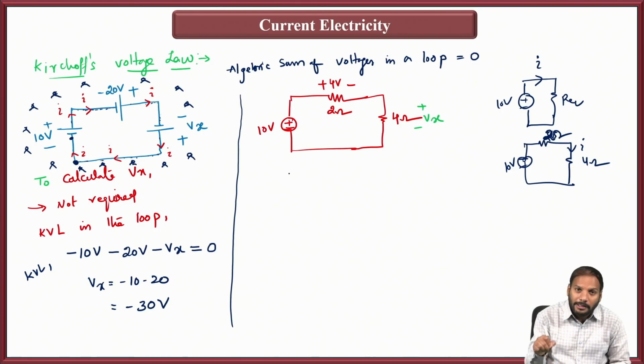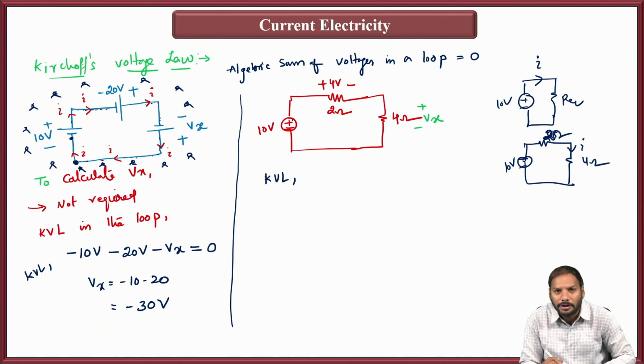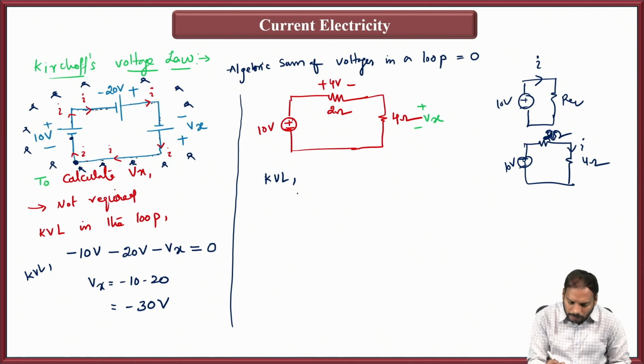Instead of calculating Vx like that, using a simple KVL, you can do it directly without calculating the current in this loop. That is the advantage of Kirchhoff's voltage law. You start walking from here, touching the negative terminal of the battery, so minus 10.